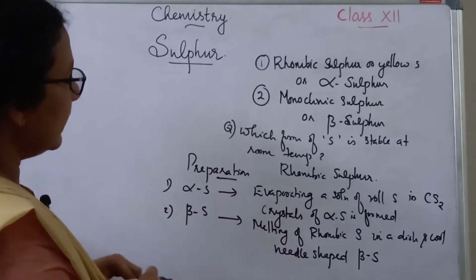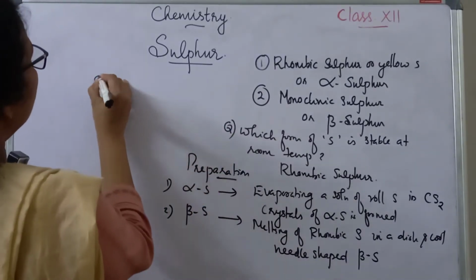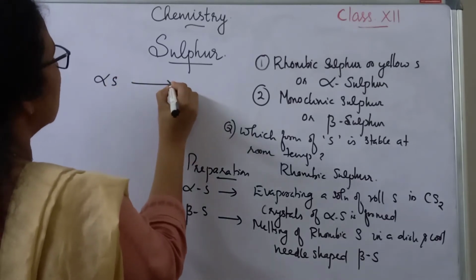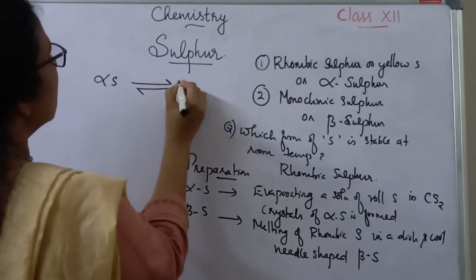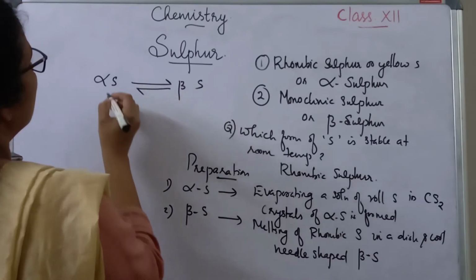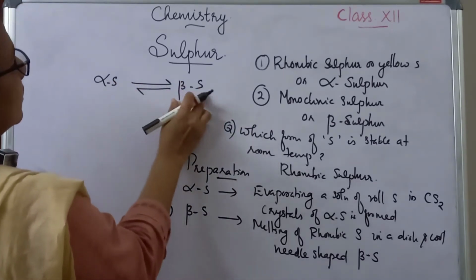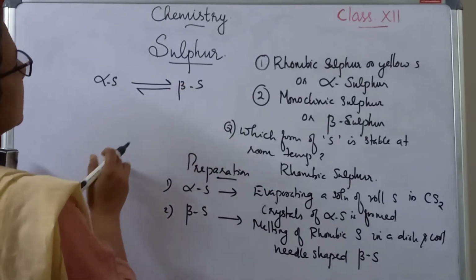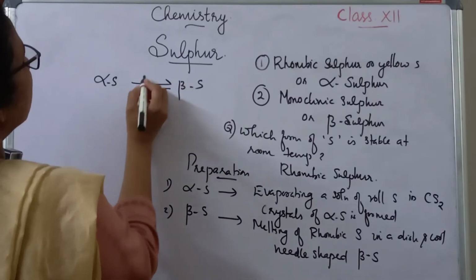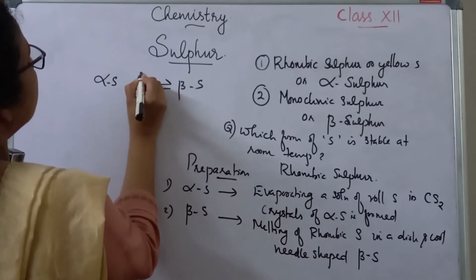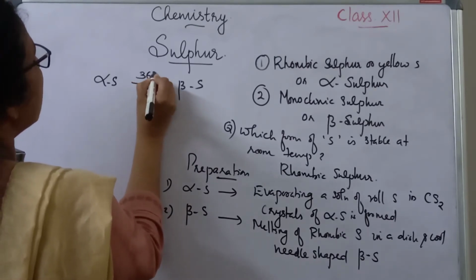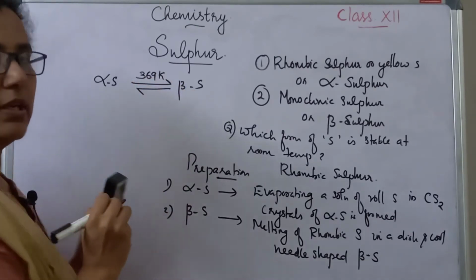We can convert alpha sulfur to beta sulfur and beta sulfur to alpha sulfur. That conversion is possible by heating, that is at 369 Kelvin. That temperature is very important.